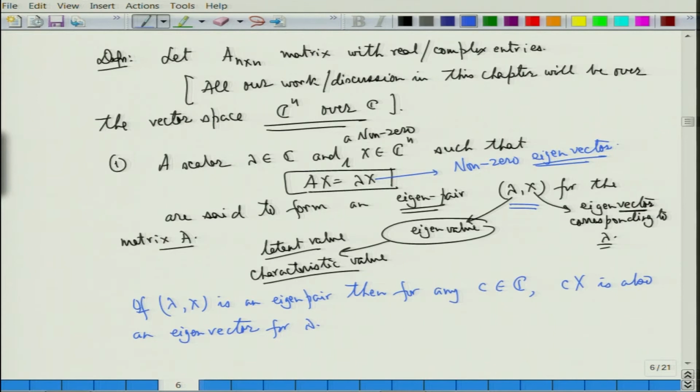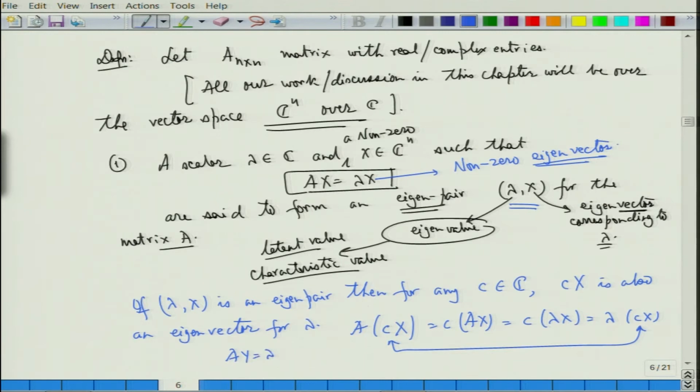Verify it: A times cx is equal to c times Ax, which is nothing but c times lambda x, which is the same as lambda times cx. So you can see that you get Ay is equal to lambda y, where y is equal to c times x. Fine. So any multiple of an eigenvector is also an eigenvector.